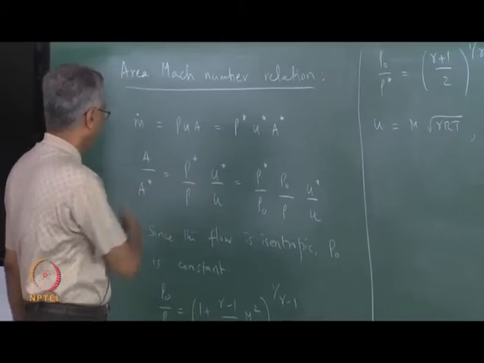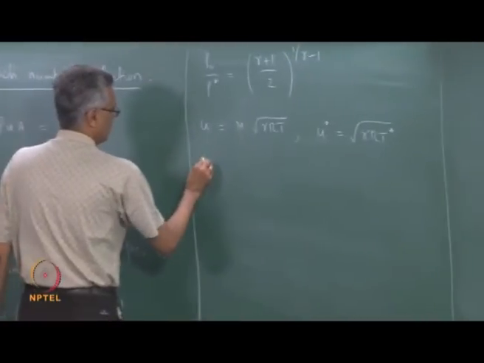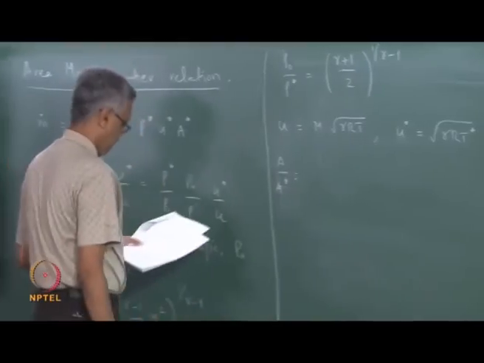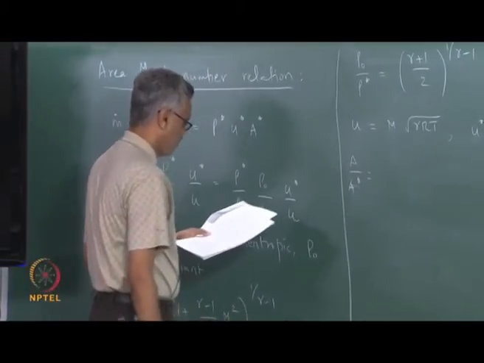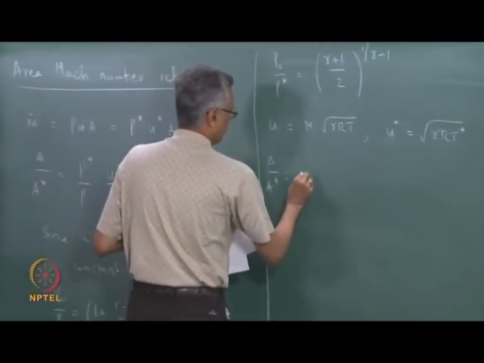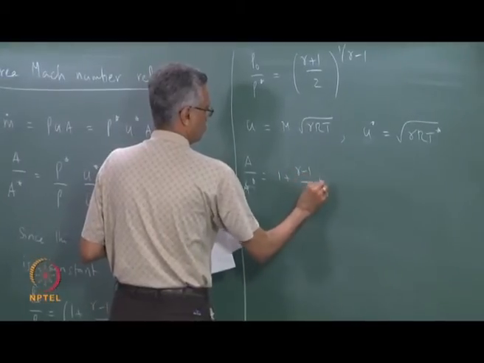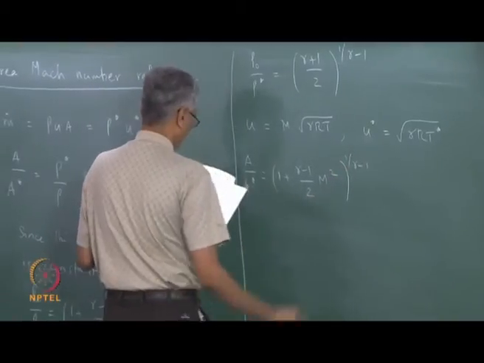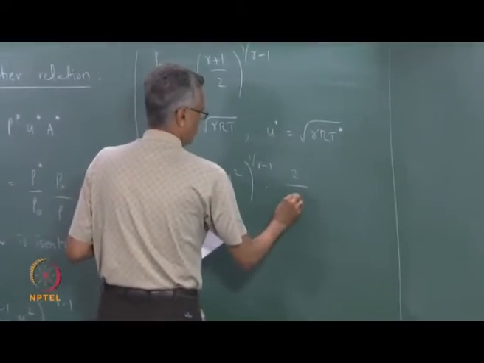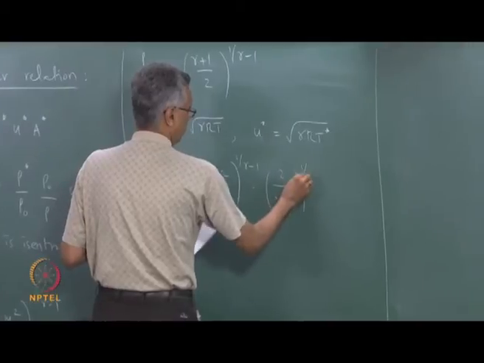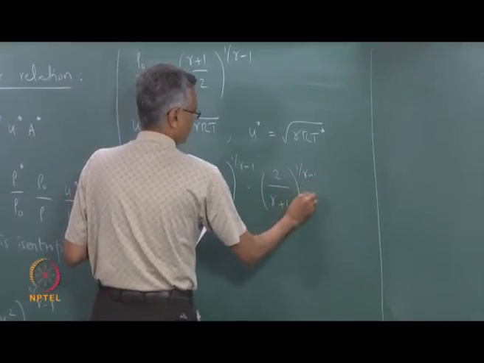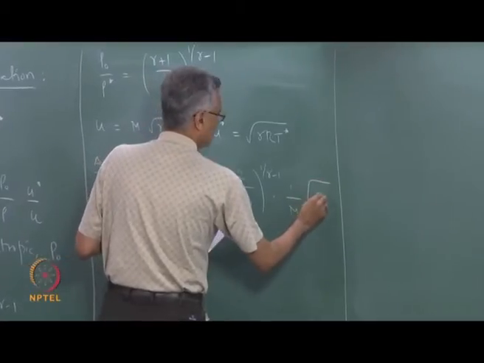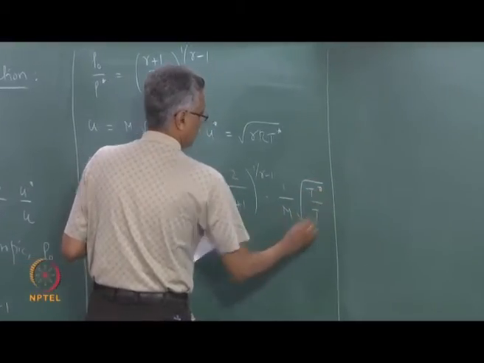Substituting all this into the expression for A over A star, I can write A over A star as equal to 1 plus gamma minus 1 over 2 times M squared raised to the power 1 over gamma minus 1, times 2 over gamma plus 1 raised to the power 1 over gamma minus 1, times 1 over M times square root of T star over T.